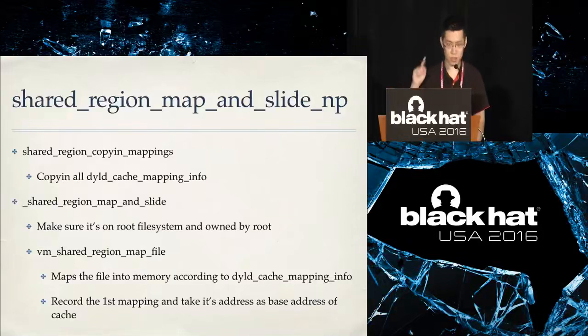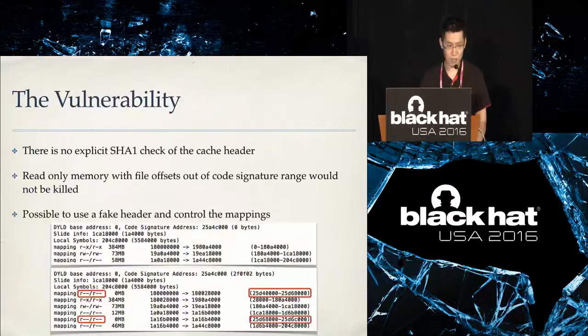Also, it will record the first mapping and take its address as the base of the whole shared cache. If we trace the process of loading the shared cache, we'll find there's no explicit code signature verification of the cache header. Although the cache header is marked as RX, it doesn't have to be RX because you don't need to execute the code inside it.